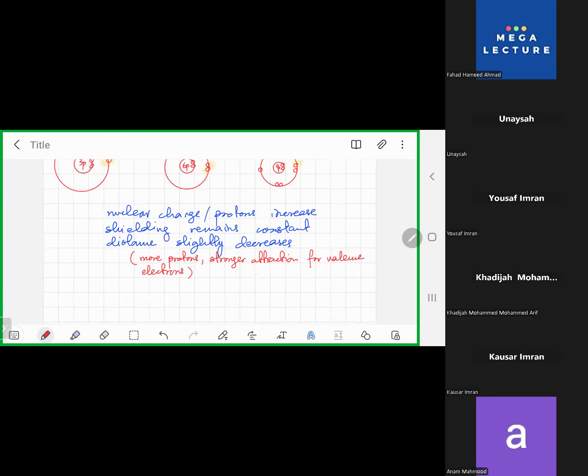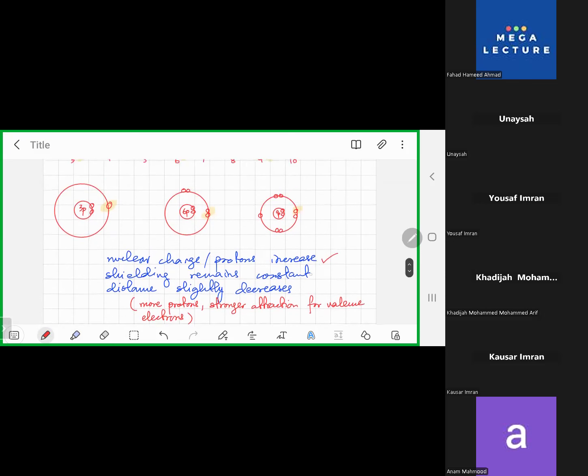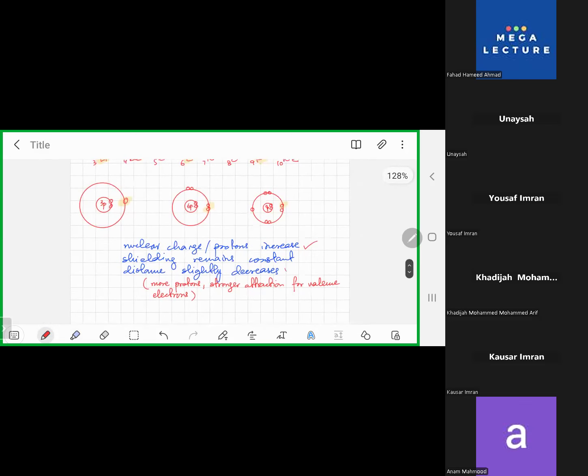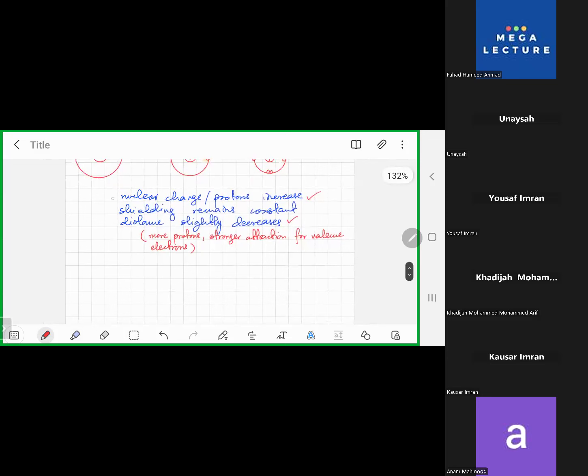Nuclear charge increases means ionization energy will increase. Shielding remains constant, so that's not much of a factor. And the distance is slightly decreasing, so that also indicates ionization energy will increase, right? Is that clear? Yes, sir. So one factor doesn't matter, but both of them are stating that ionization energies increase.